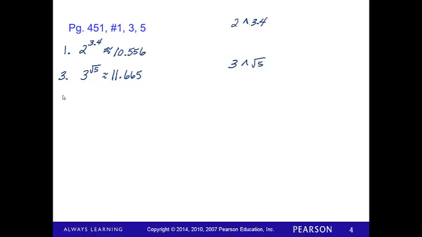Okay, and then the last problem we're going to practice for now is number 5. And this time we have 4 raised to the negative 1.5. So again, in our calculators it is 4 caret negative 1.5.